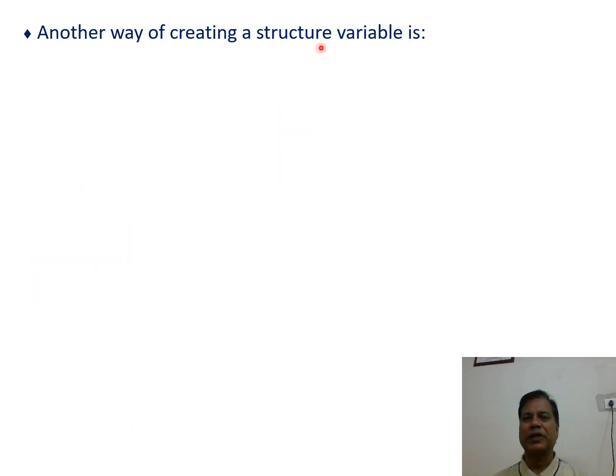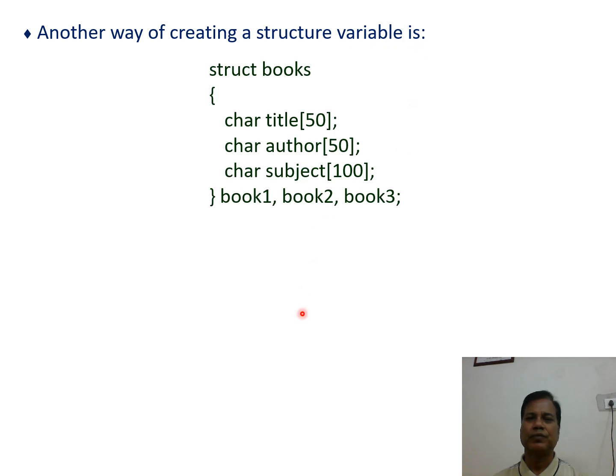Another way of creating a structure variable is this one. struct books, that is the tag for the structure. Then the member definitions are char title[50]; char author[50]; char subject[100]; After the closing brace, book1, book2, book3, then semicolon.